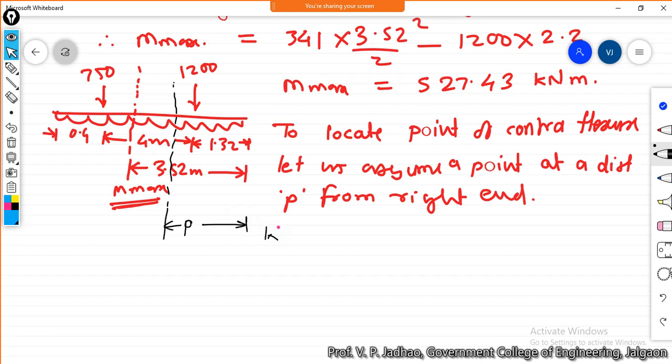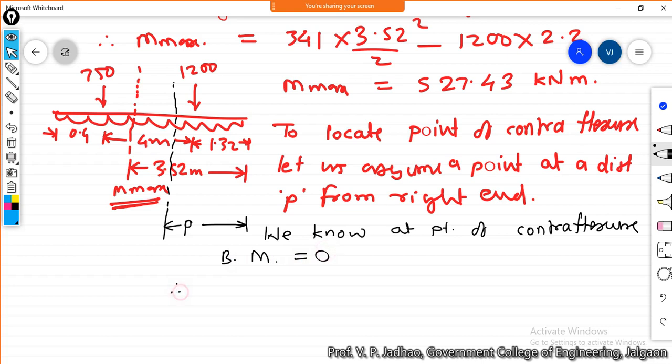Now we know that at the point of contraflexure the bending moment will be 0. Therefore the bending moment at this point, at a distance small p from the right end, is given by the bending moment due to the upward soil pressure, 341 kilonewton per meter multiplied by the length, p square divided by 2.